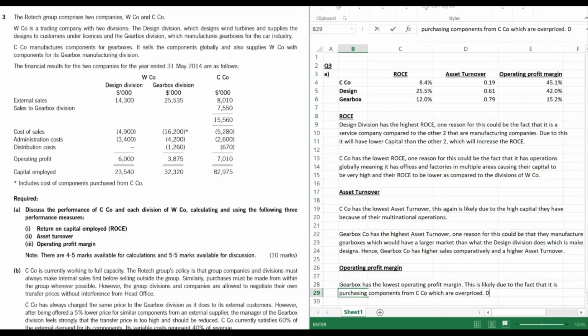Due to this, its operating profit goes down, decreasing its operating profit margin, right?